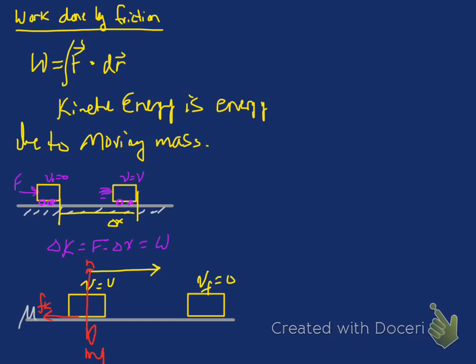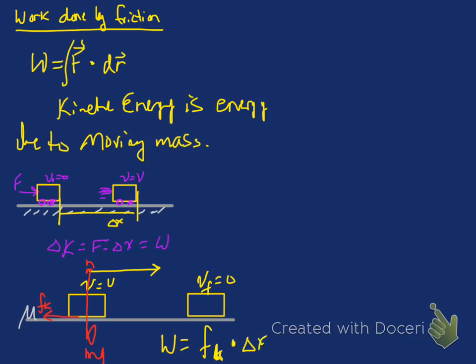And so what we're going to get is our work is going to equal our friction, because that's the force acting on it, times delta x.